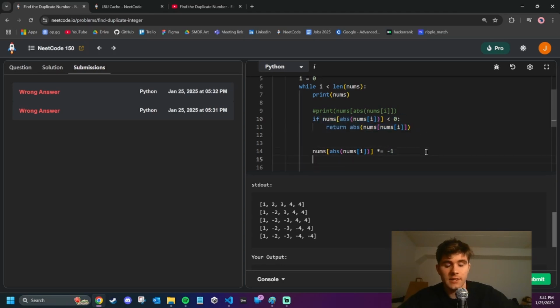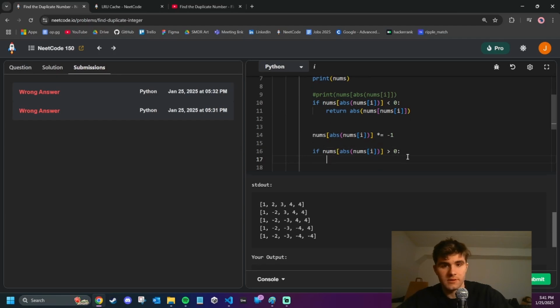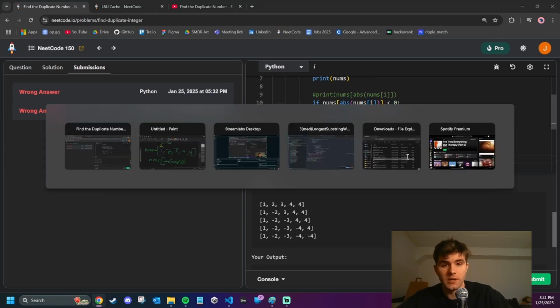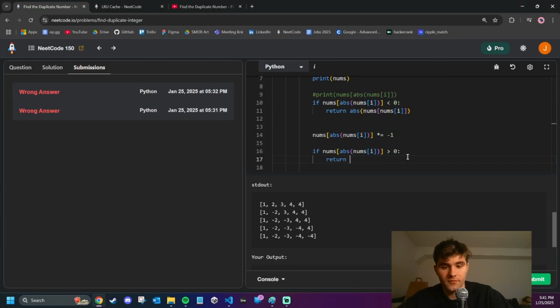And now if that is positive, so if it's greater than 0, then we should return that number. We should return the number that we're at.